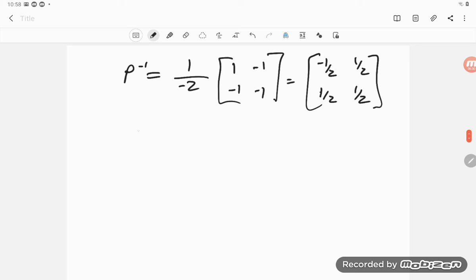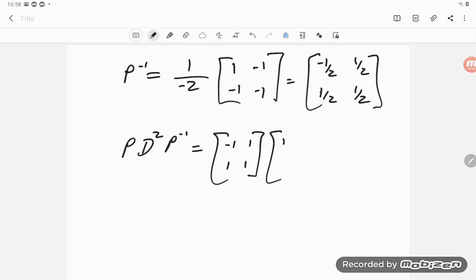Now let's try P times D squared times P inverse. And so that is equal to our minus 1, 1, 1, 1 times 1 squared, 0, 0, 3 squared times minus 1/2, 1/2, 1/2, 1/2.